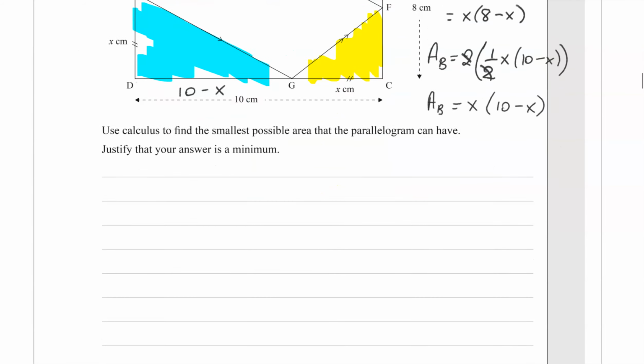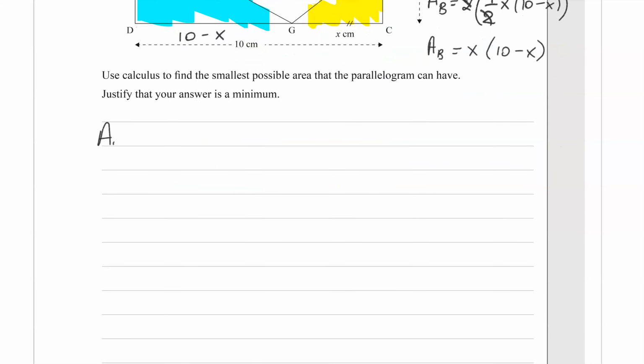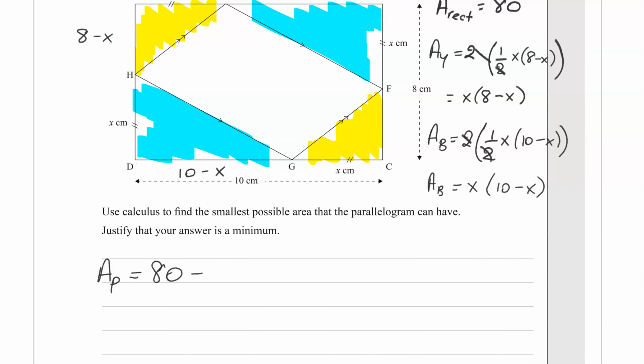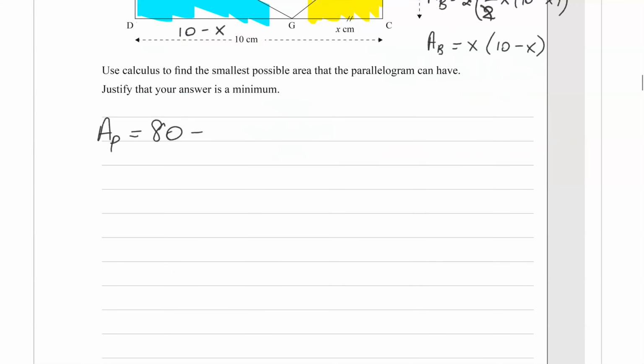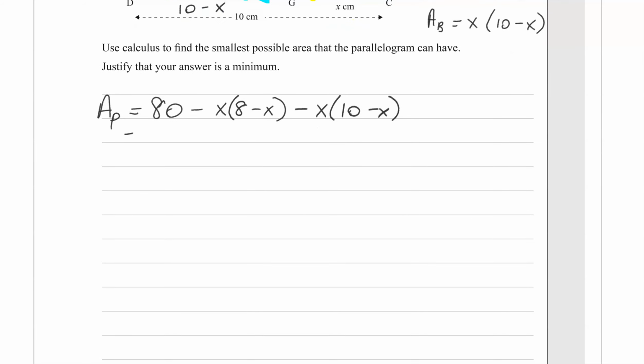So I'm going to subtract off. So my area of my parallelogram is going to be taking the rectangle, which is 80, and subtracting off these 2 areas, or these triangles. So x(8 minus x) and x(10 minus x). I can expand this out now.